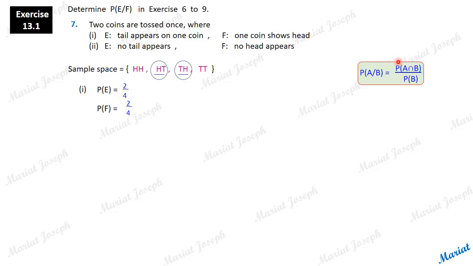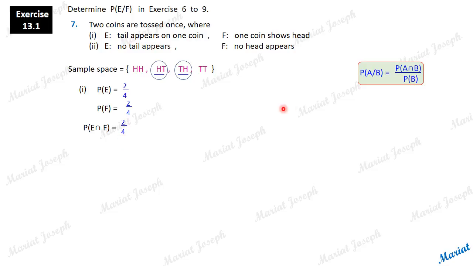That is what we require to find the conditional probability. The common elements are the elements which satisfy E as well as F. Both of these outcomes satisfy both events E and F. Hence, probability of E intersection F also will be 2 by 4.